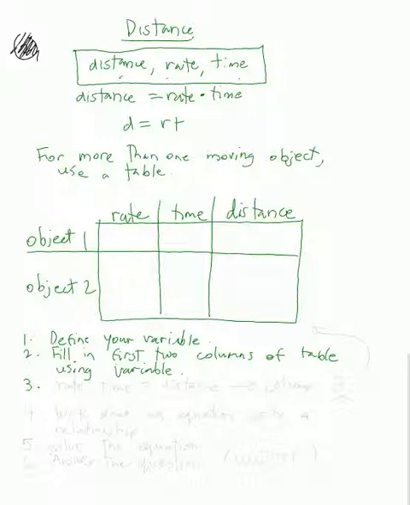Step 3, don't forget that rate times time equals distance. And that's what's going to go into column 3. Okay, column 3 being this column right here.